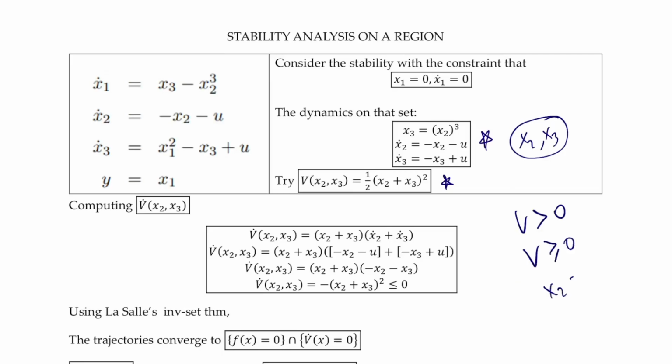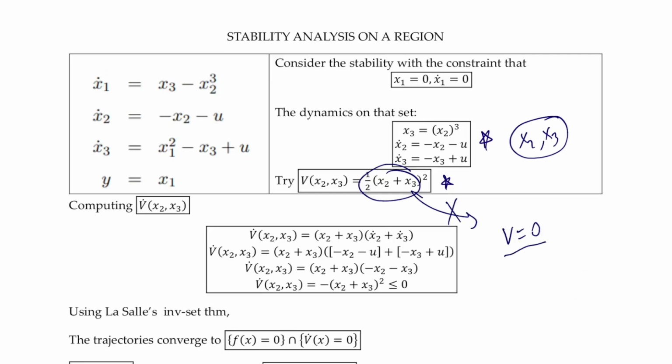Because when this is the case, this term is 0. And so wait a sec, let me try to explain what I mean. This is not the case for this system.